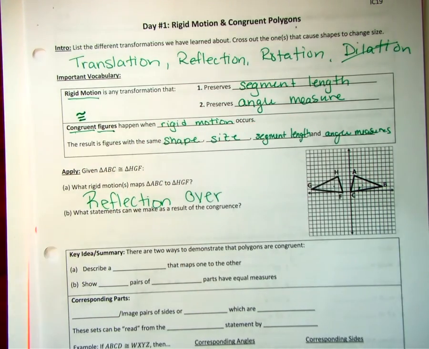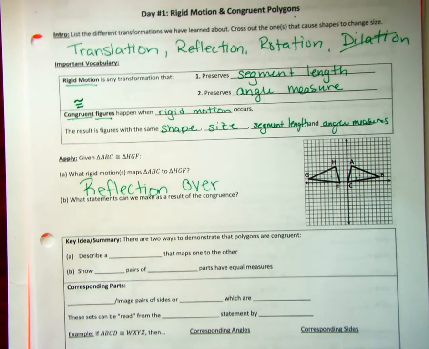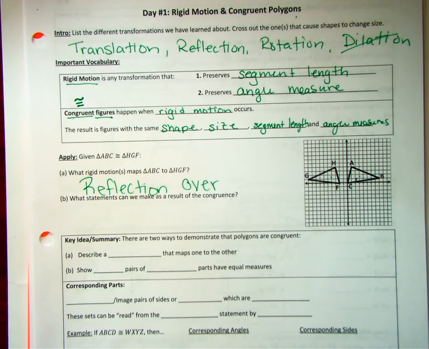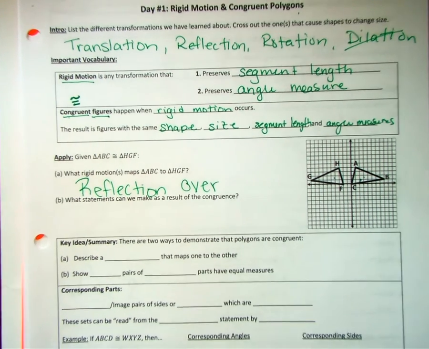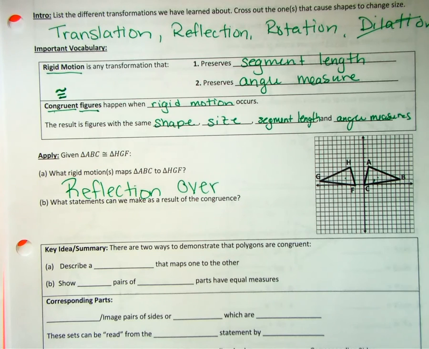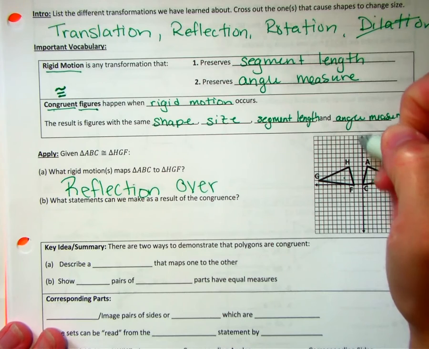Okay, so if we don't know how to describe a reflection, that comes into play here, and it's going to be a deterrent moving forward and making sure that you know how to prove congruent figures. One way to do that is using rigid motion. So we're reflecting it over a specific line. And like we talked about at the beginning of class, that line is right in the middle here.